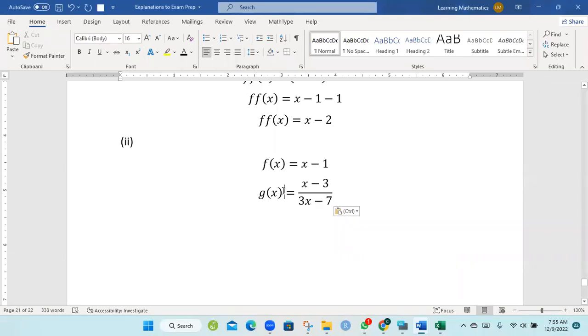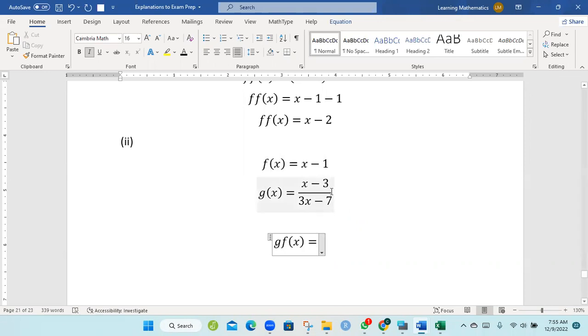So now we can find what is g of f. Whenever you are composing functions, you always start from the right. So first, we have to find what is f. Here is f. And then we have to find g of f. And we know what g of x is.